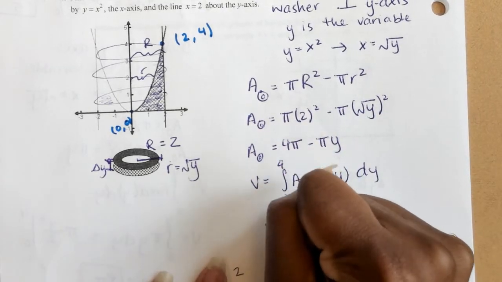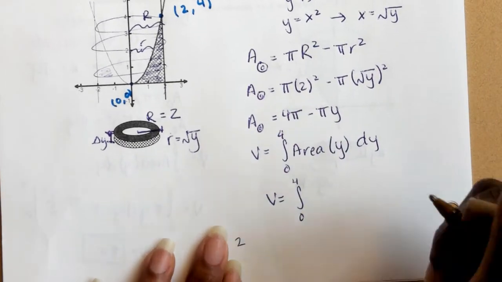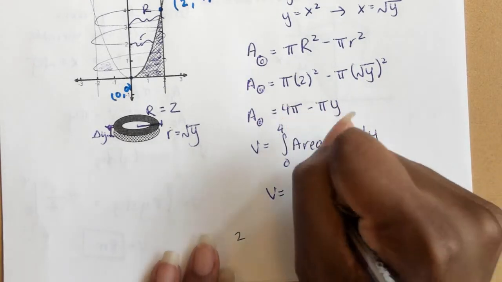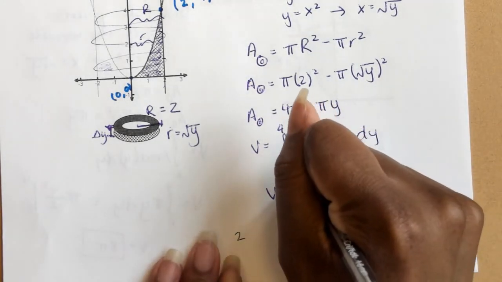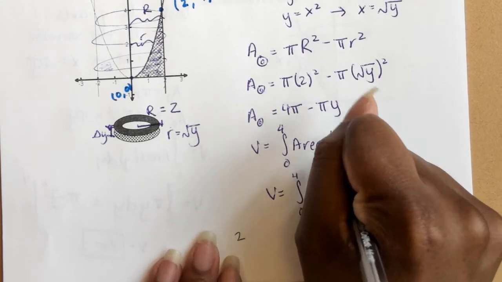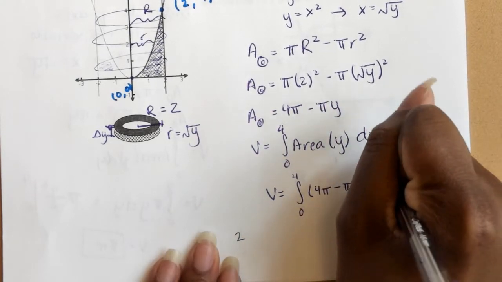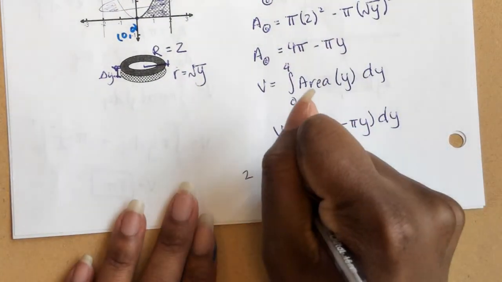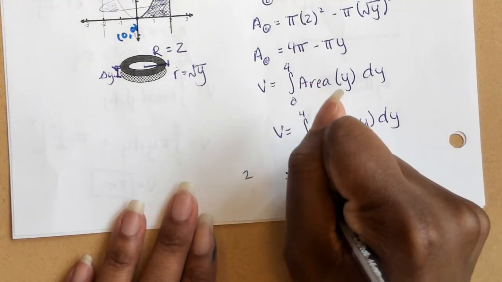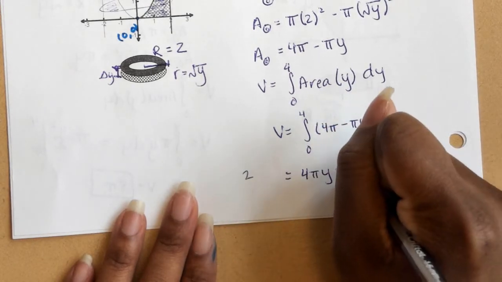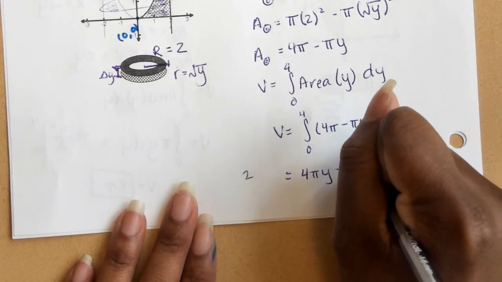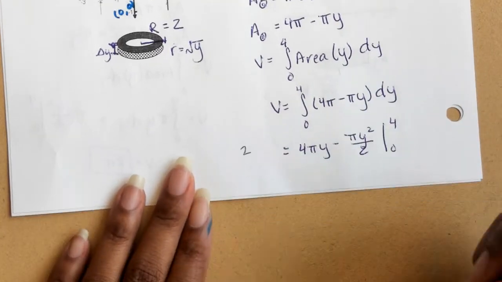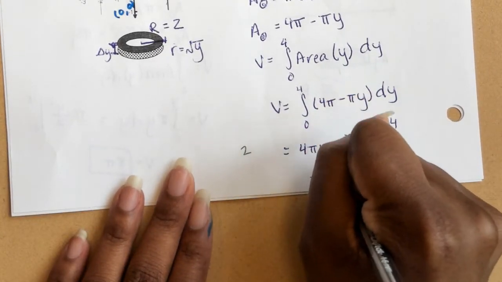So V is equal to the integral from 0 to 4 of 4 pi minus pi y dy, which is equal to 4 pi y minus pi y squared over 2 from 0 to 4, which equals 8 pi.